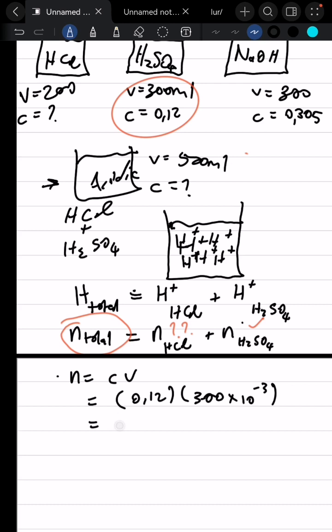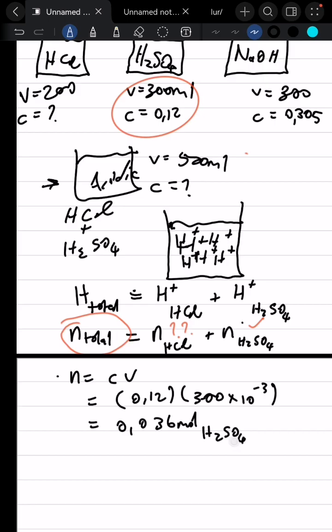I just hope you know that. So 0.12 times 300 times 10 to the power negative 3 gives 0.036 mole.